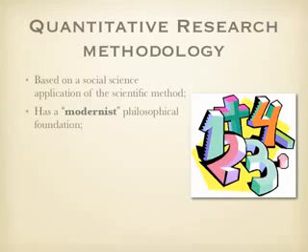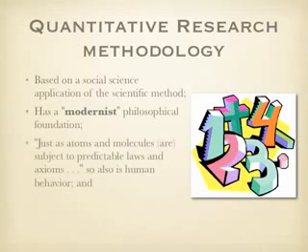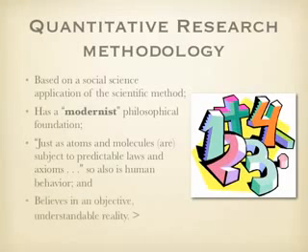By that we mean that the world is orderly and understandable, and that we can perform tests on it, and from those tests understand something about reality, especially in terms of predicting what is or what can happen in the future. And just as atoms and molecules are subject to predictable laws and axioms, so is human behavior also subject to similar kinds of laws that we can understand and use to predict what is going to happen in the future. So people who believe in quantitative research methodology believe that the world is objective and reality is understandable.